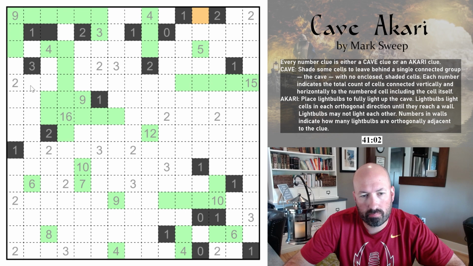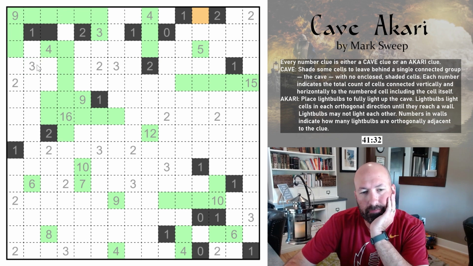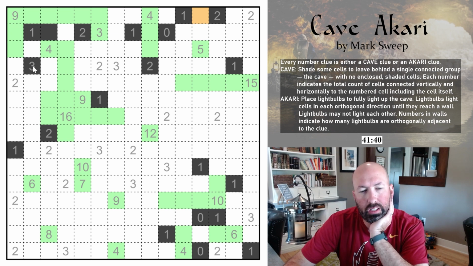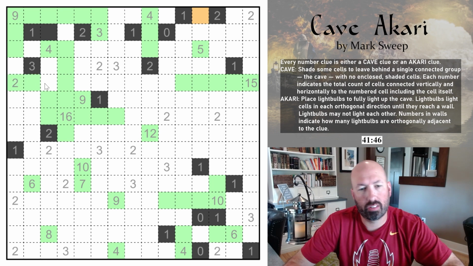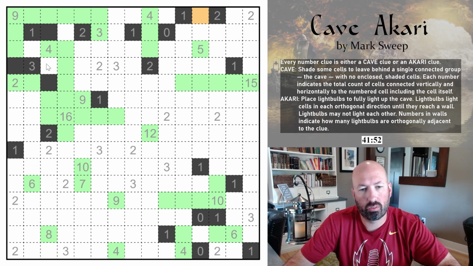So if this is wall, you've got to have 3 lights. I think the 2 has to be wall either way. If this is wall, one of these has to be cave, and you can't also make that one cave because then you're gonna block too much of the 3.